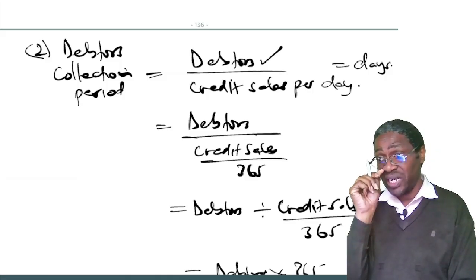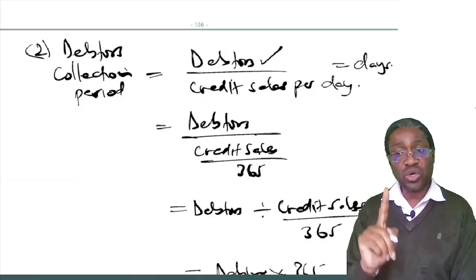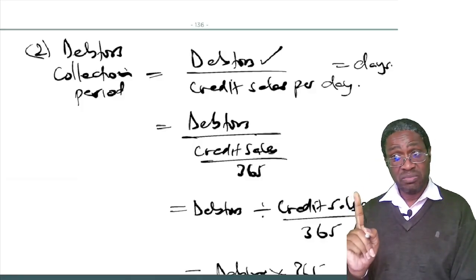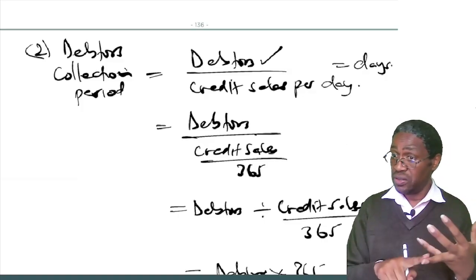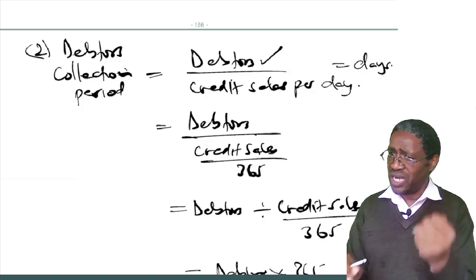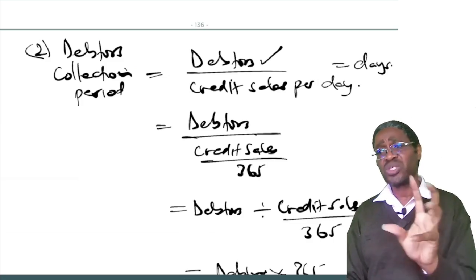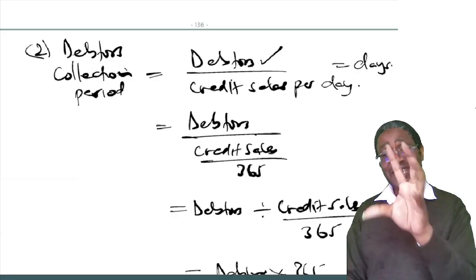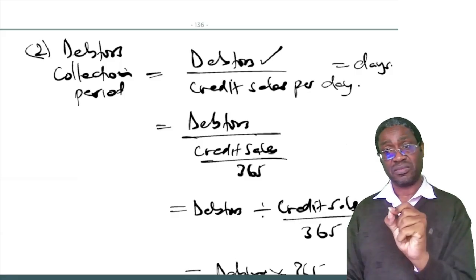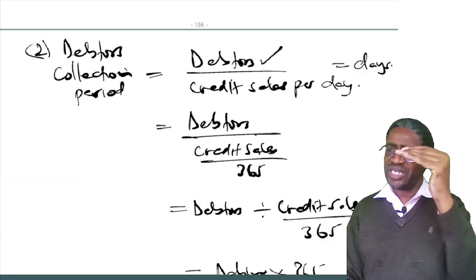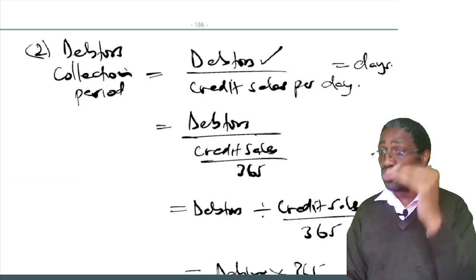We are using credit sales, not total sales, because total sales include cash sales and credit sales. But we are not looking for cash sales. Why? Because debtors don't arise when you sell goods by cash. Debtors only arise when you sell goods on credit.